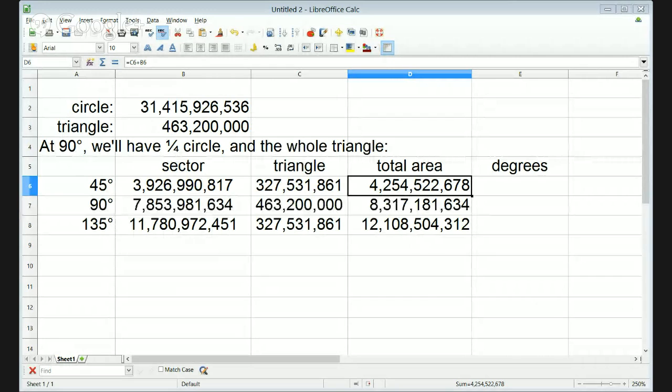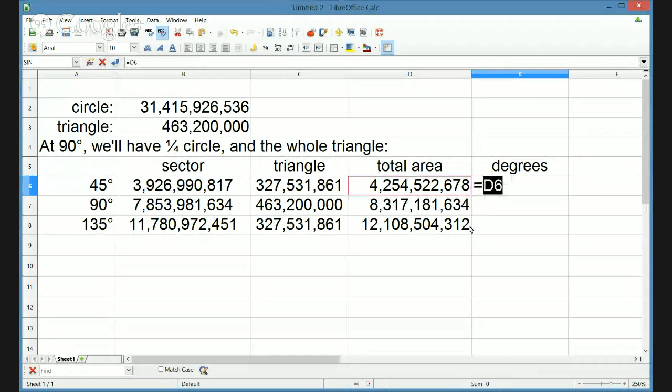Yeah, take the whole area of the circle, the 31,415,000,000. And you create a ratio between what was swept out at 45, which is 4,254,522,678, over 31,415,926, and that would be equal to something over 360.